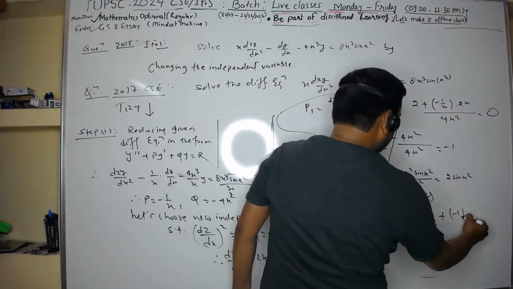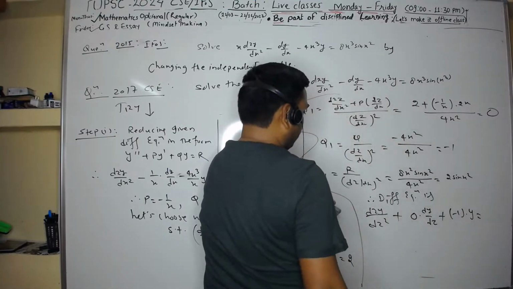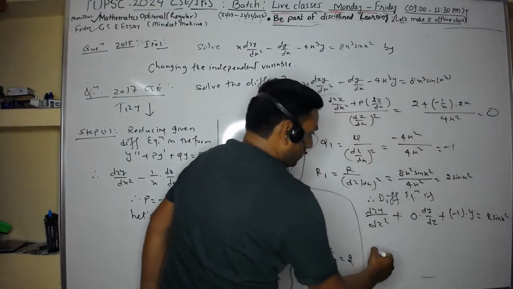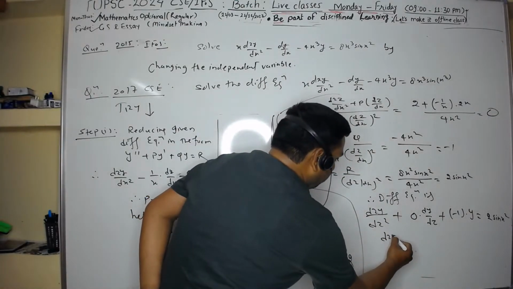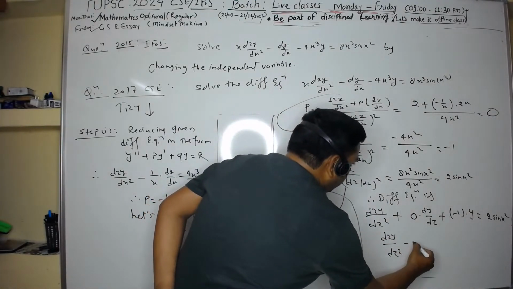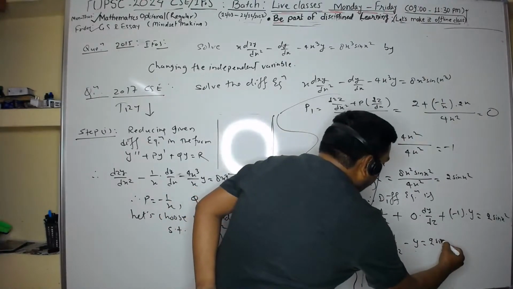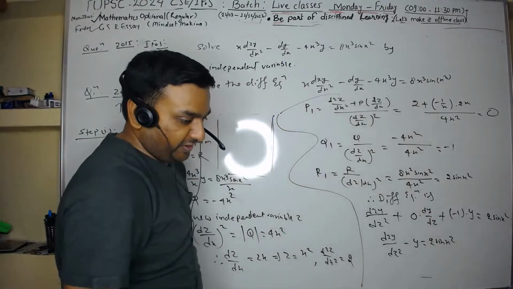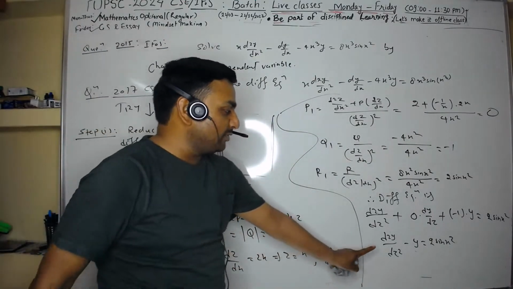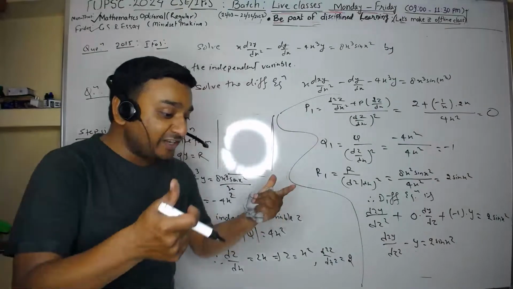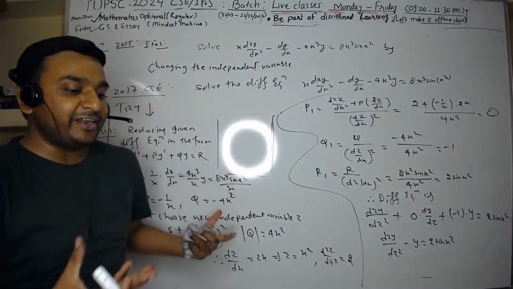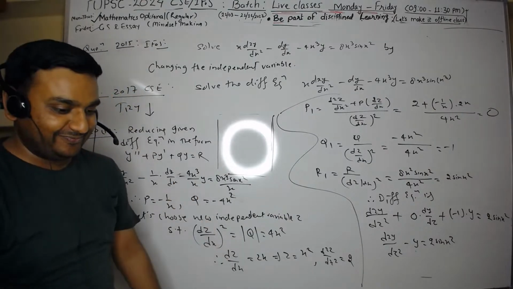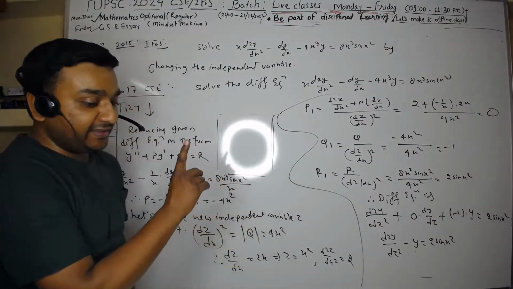Minus 1 into y. r1 का value is what? 2 sin x square. So ultimately we have d2y over dz square minus y equals 2 sin x square. Fair, my dear? Please solve this differential equation because now it comes to finding CF and PI, and that I have taught you very well. Please find PI.